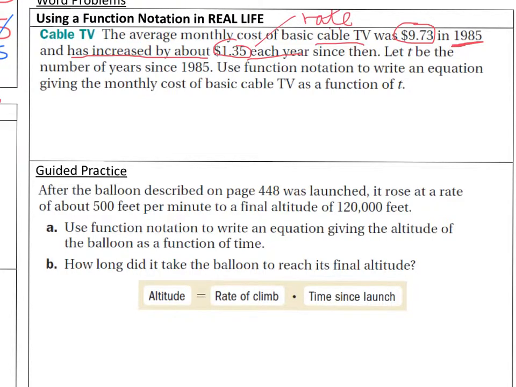Okay. Let T be the number of years since 1985. Use a function notation to write an equation giving the monthly cost of basic cable TV as a function of T. So we know that the price increases by $1.35 per year.